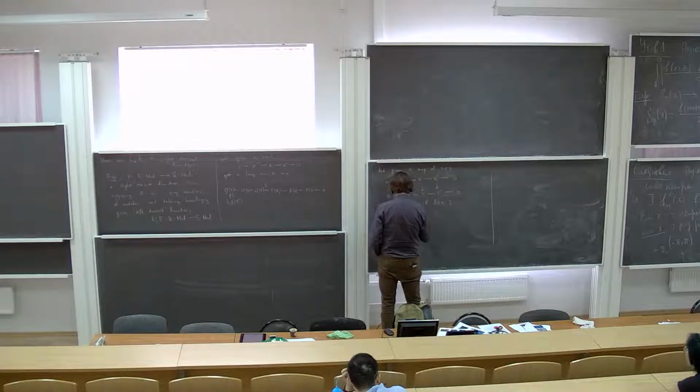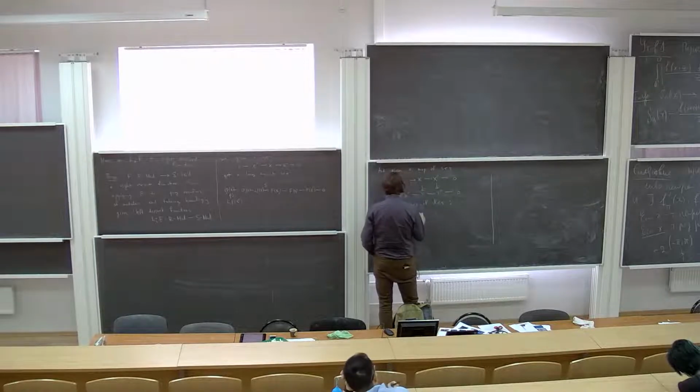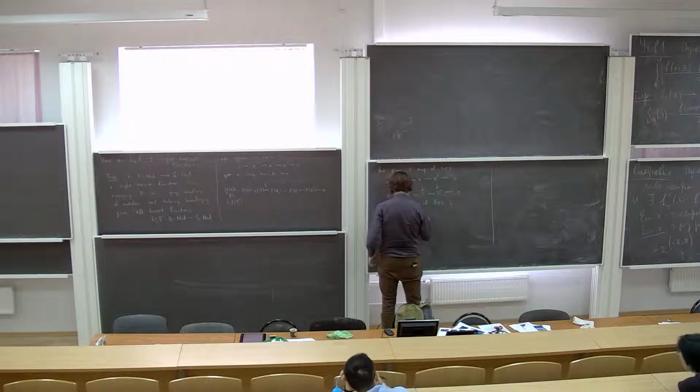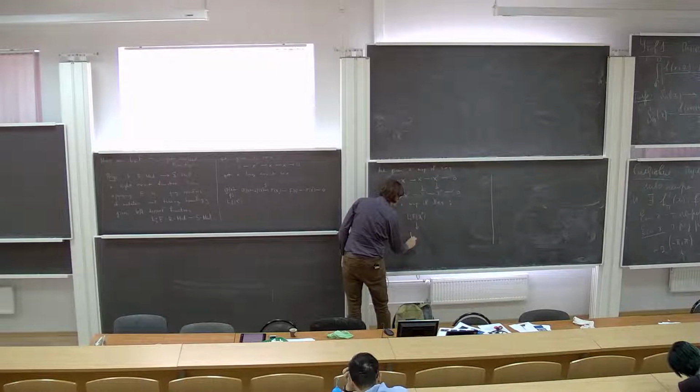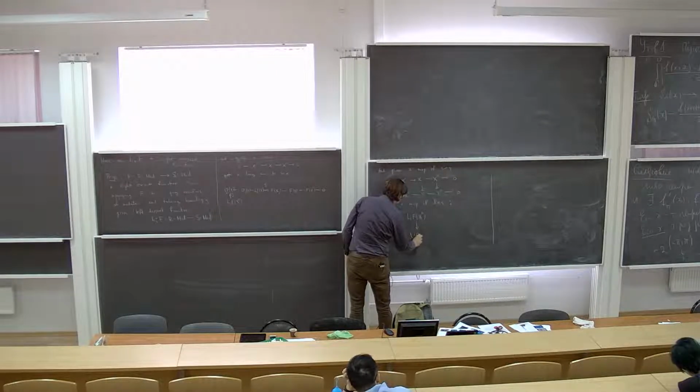if I look at the connecting map from the ith left-derived functor, since it's a functor, it will map x double prime to y double prime.